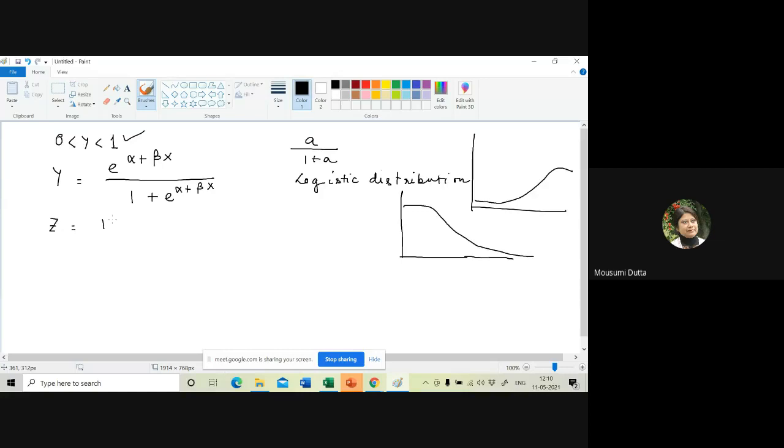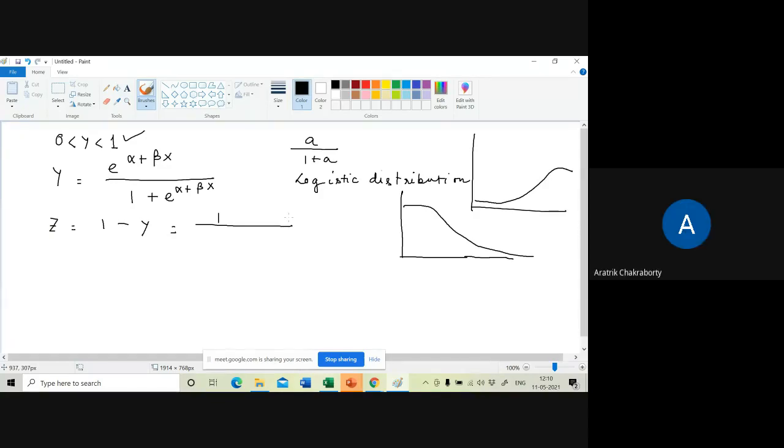So what I am doing is considering z, which is equal to 1 minus y. So tell me, what is 1 minus y? Find out and tell me the value of 1 minus y. Anyone?